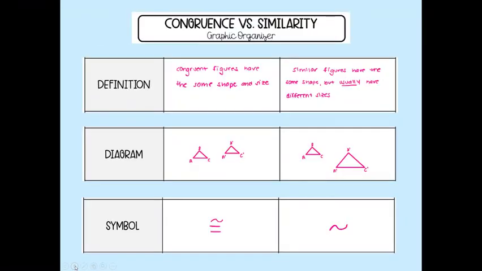All right, you have a worksheet in front of you, like for notes, and you'll want to fill these in. So the definition of congruence versus similarity. This column right here will be for congruent figures, and this column is for similar.